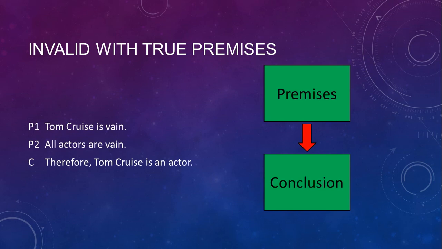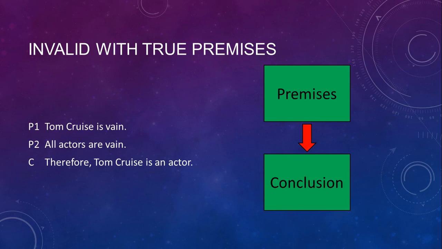So let's look at the form of this argument. All x's are y. A is y. Therefore, A is an x. So plug something else into here that isn't so plausible. All squares have edges.